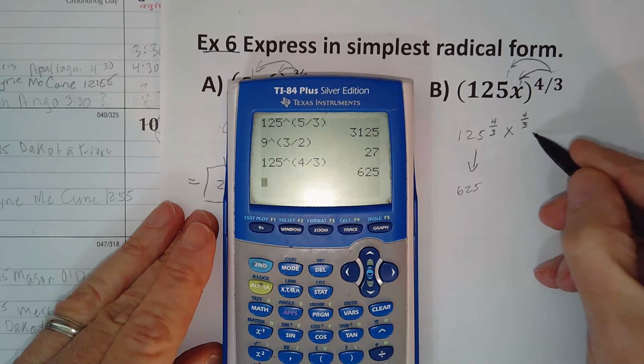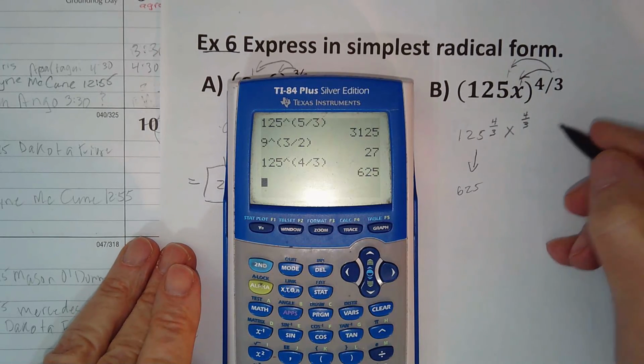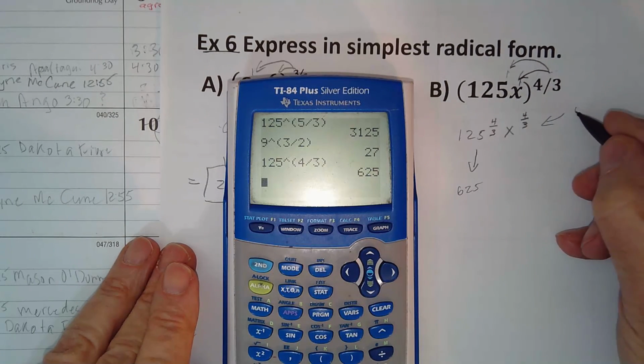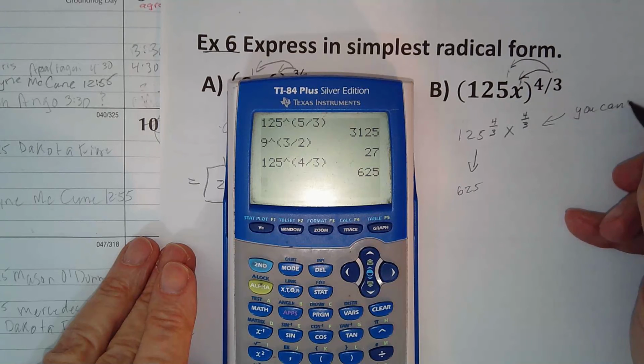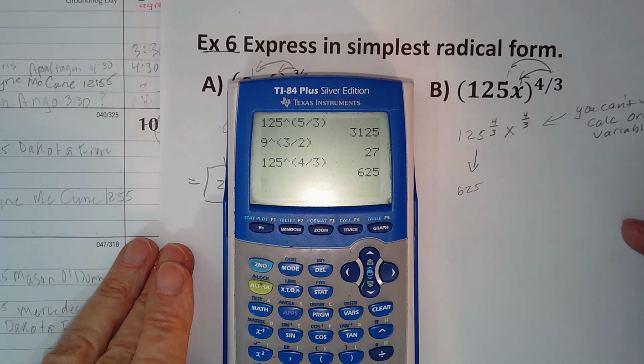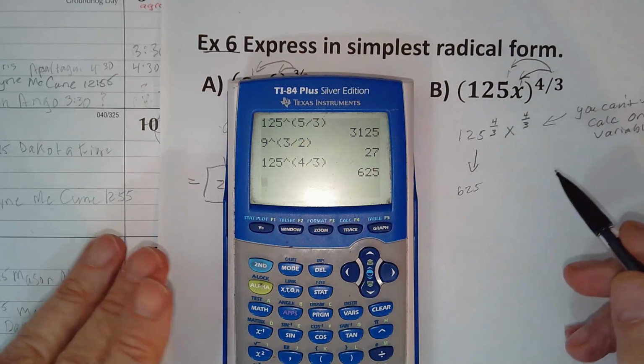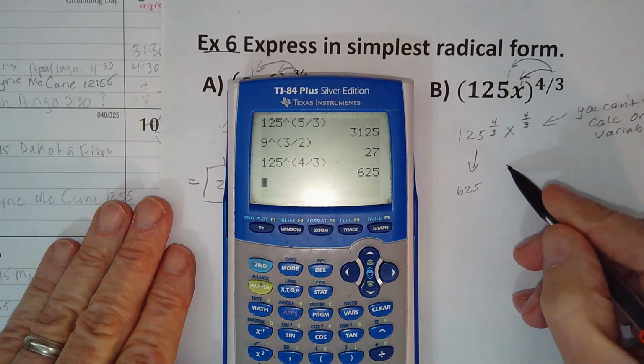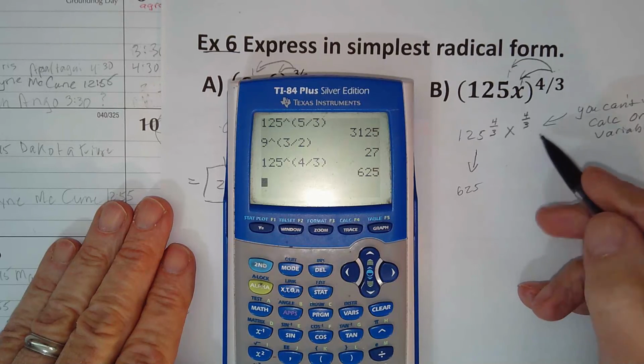Now, that doesn't work for this. You can't use a calculator on variables like x. So what do we do with that? Let's set it up the way we should.